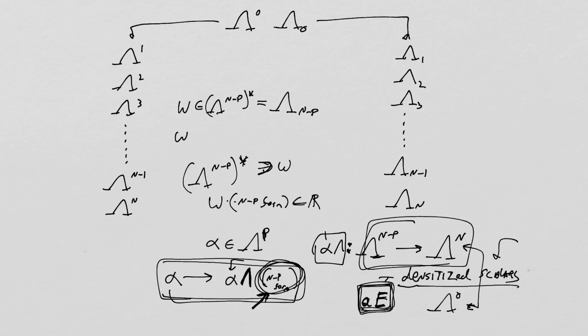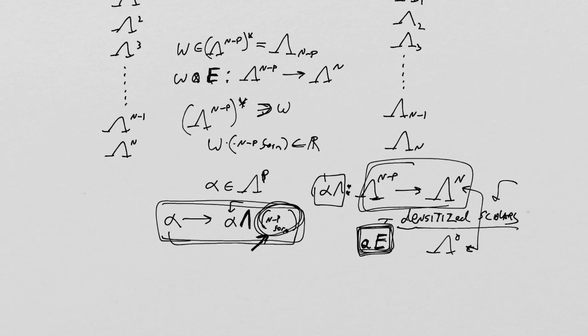What about omega tensor product E? Omega tensor product E is a map from the space of n minus p forms to densitized scalars. And that's because the result of such a map is going to be omega E, that's the name of a map, right?